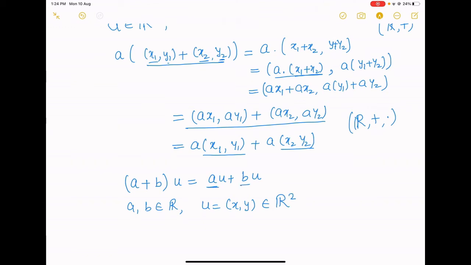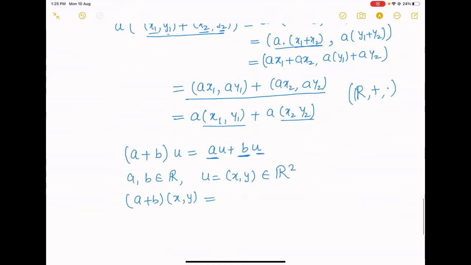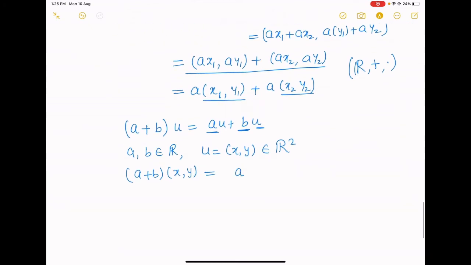Remember, a and b are members of the field and u is a member of the vector space V. Now (a plus b) operated on (x, y) gives you (a plus b) operated on x comma (a plus b) operated on y.